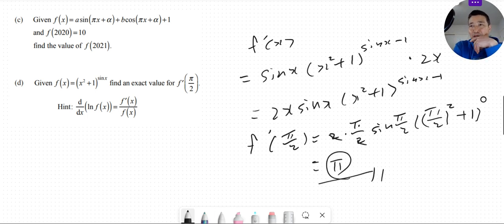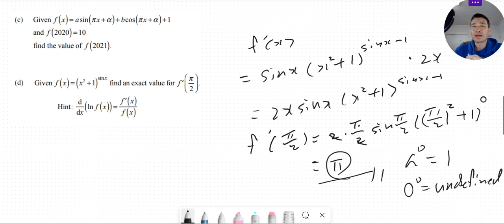Now, I'd like to talk about something to the power of 0. So we all know this is a 1, right? Except 0. 0 to the power of 0 is not 1. It's undefined. The reason why is you can't divide a number by 0. I mean, it's like extra, but I'd like to talk about this.